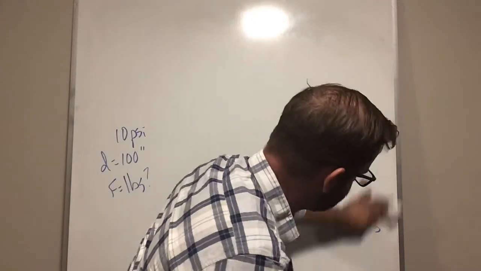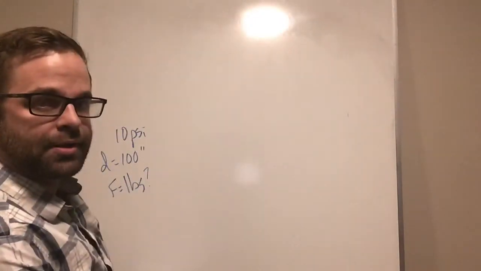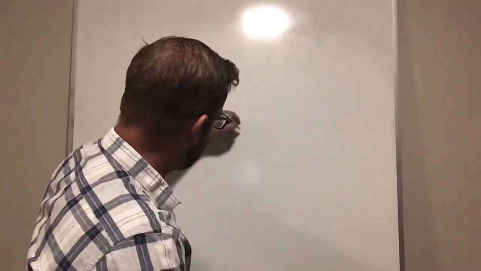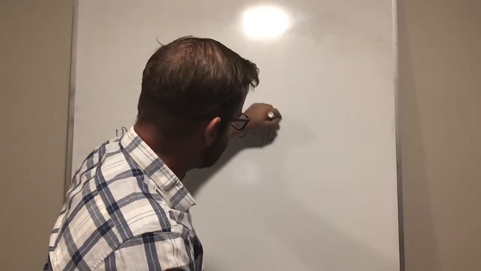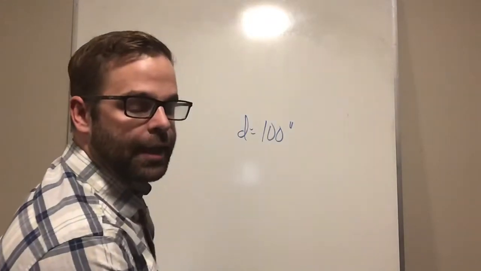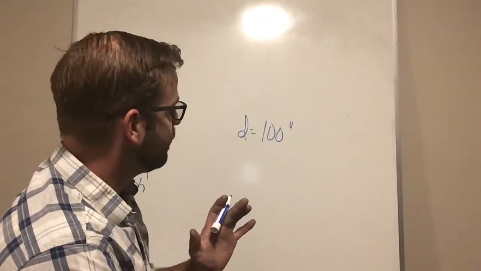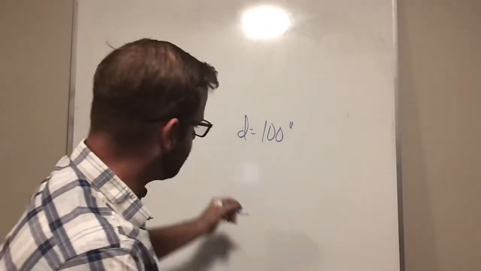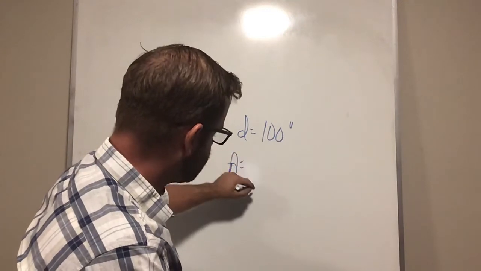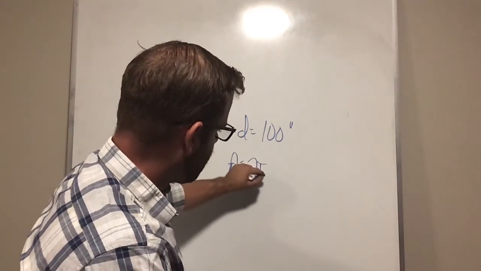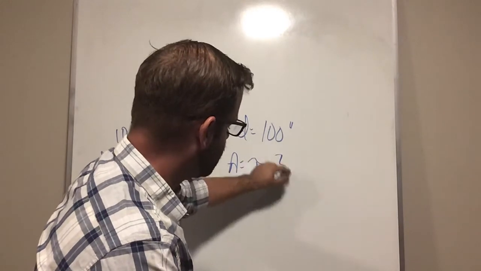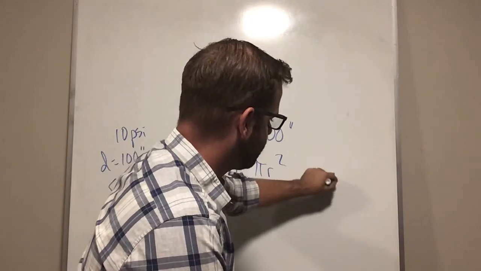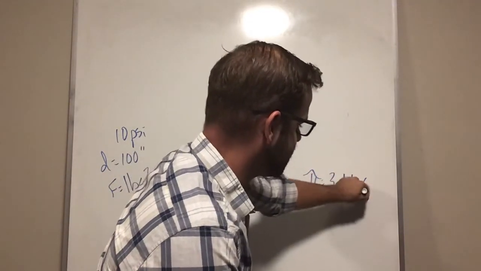First things first, we need to figure out what the area is because we're not given a straightforward number. So the diameter is equal to 100 inches, and I want to know what the area of a circle is and what formula you use. If you remember, area is equal to pi r squared, r being the radius, pi being 3.1416 or 3.14.